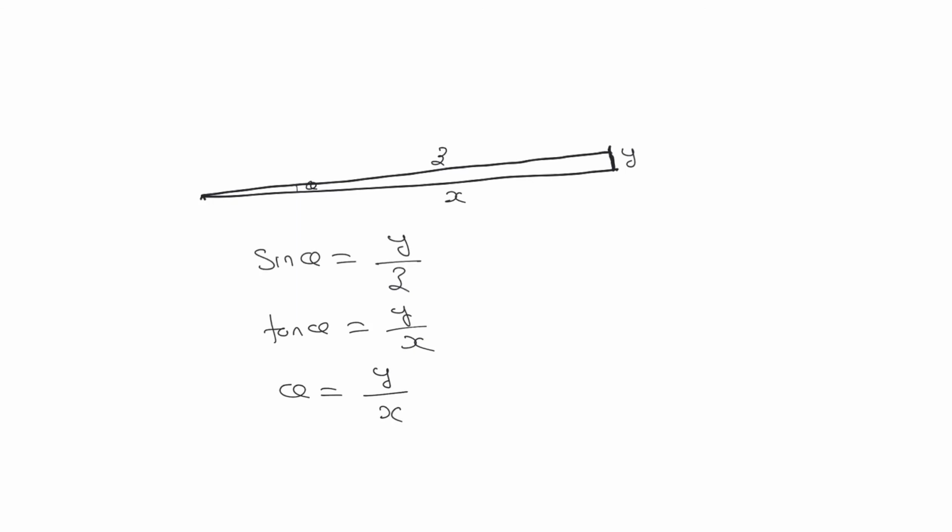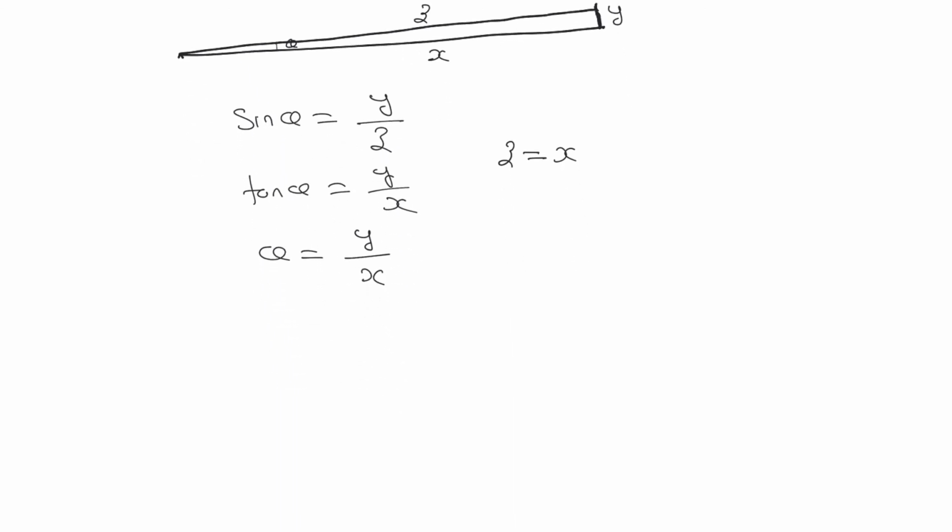Over here for small values of theta, the value of z is going to be equal to x. So sin theta can be taken as y by z, tan theta can be written as y by z, and theta also can be written as y by z. That means for small values of theta, sin theta is going to be equal to tan theta, which will be equal to theta. So that's why we take this assumption.